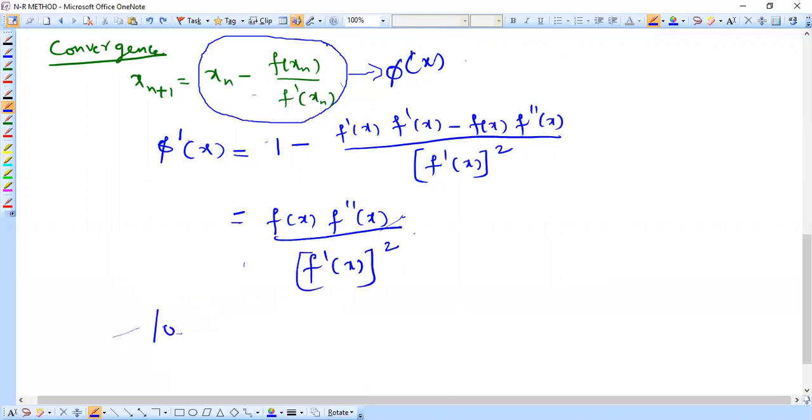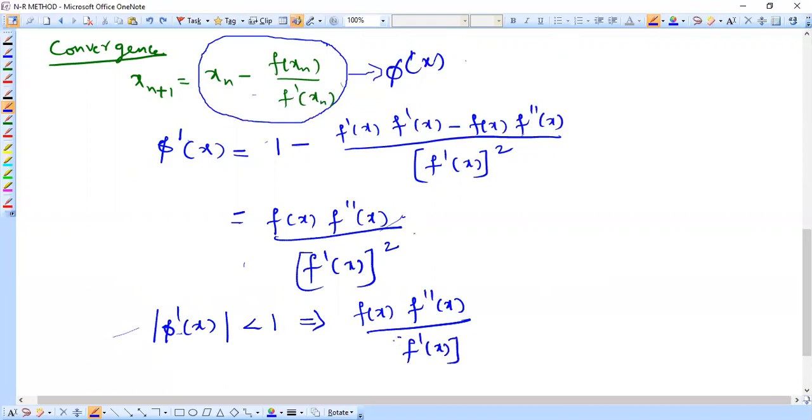Now, what is our condition for the convergence of the iteration method? Modulus of phi dash x less than 1. So this implies modulus of f of x into f double dash of x by f dash of x whole square is less than 1.